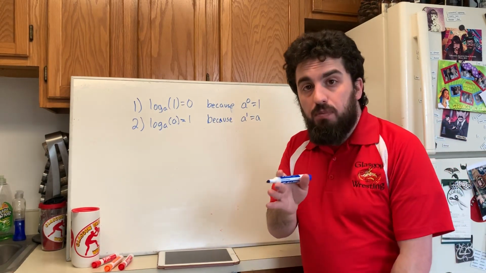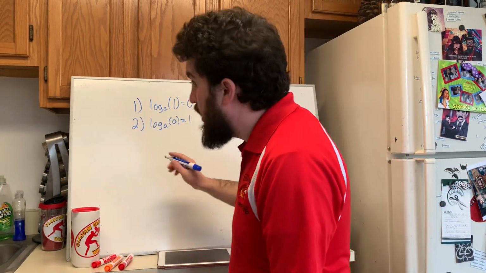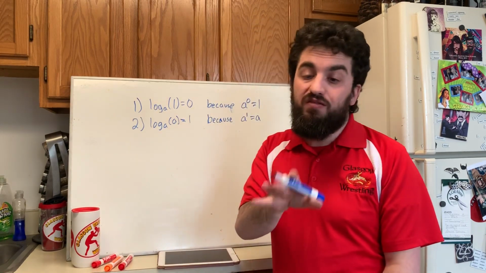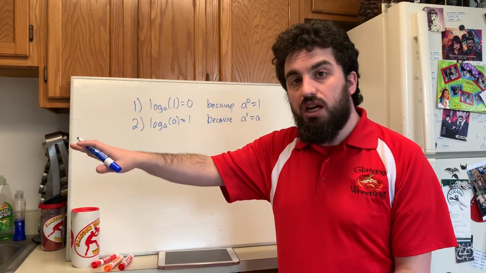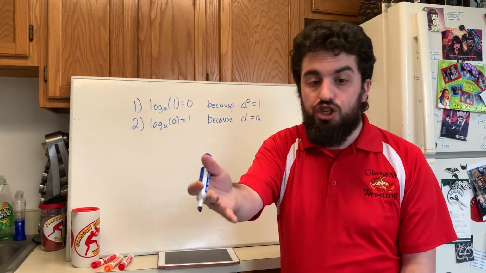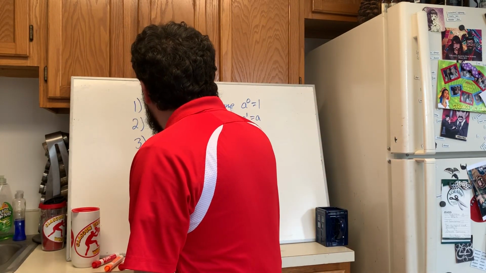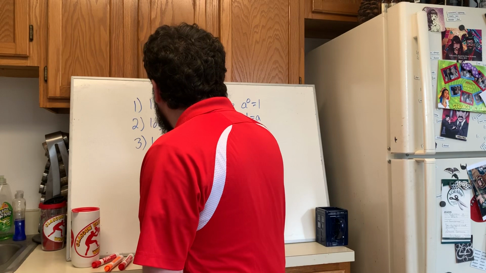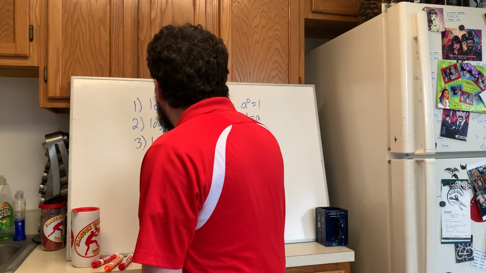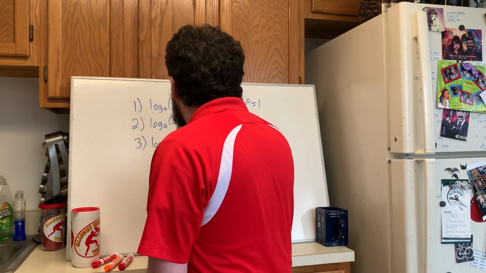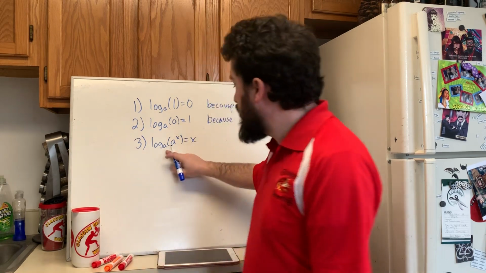The next property we're going to look at, and this is going to actually come in very helpful in section 4 when we talk about undoing things. Log base A of A to the x is equal to x.